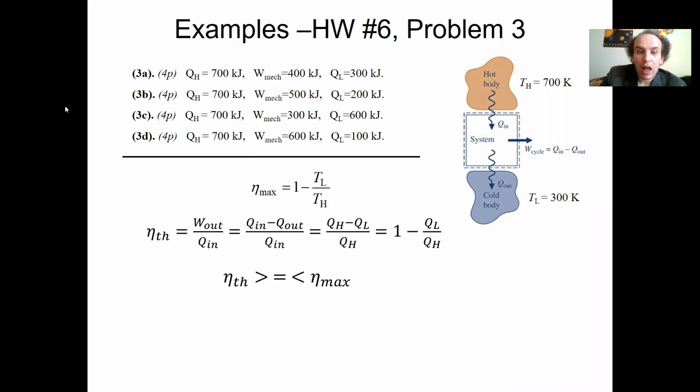So if I have here this case, let's consider case A. I have 700 kilojoules, and mechanical work is 400, and QL is 300. So what will be my efficiency here?